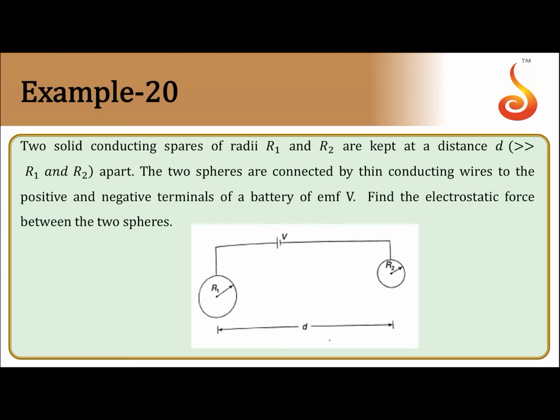So question is, two solid conducting spheres of radii r1 and r2 are kept at a distance d apart. Two spheres are connected by the conducting wires and terminals of the battery.